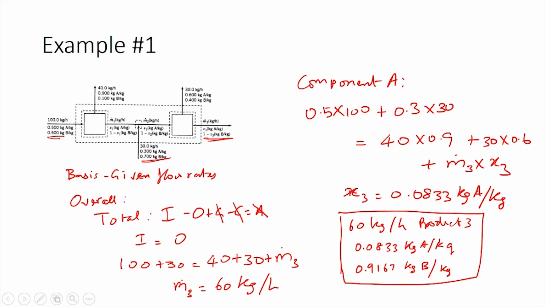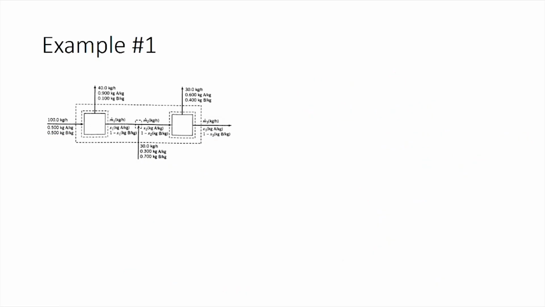So, this gives you the information about product 3. The next step is to calculate the information for the streams 1 and 2. Let us start with unit 1. Let us just call this unit 1. When we write a balance equation for unit 1, we will be able to get information about the stream 1. We can write a balance equation for unit 2 to get the information for stream 2.